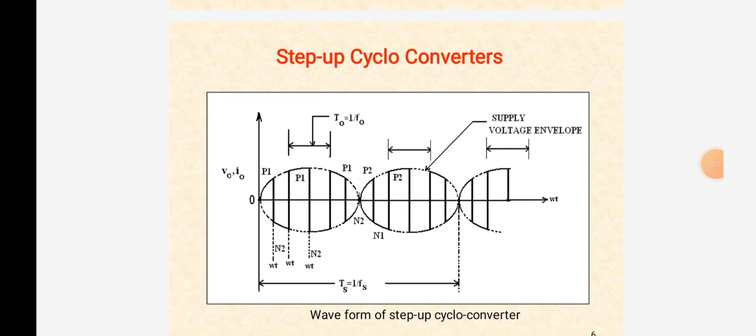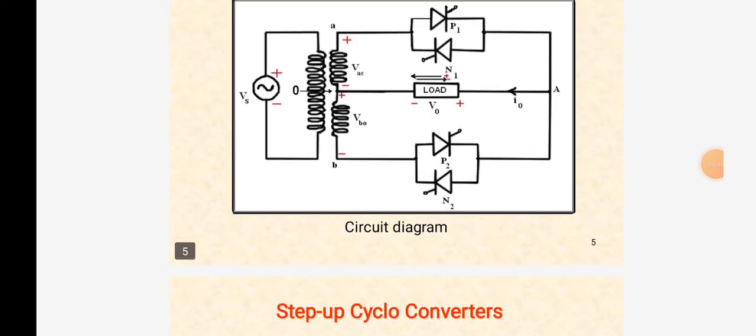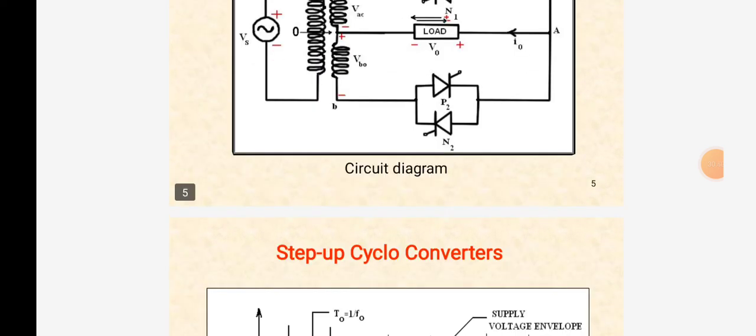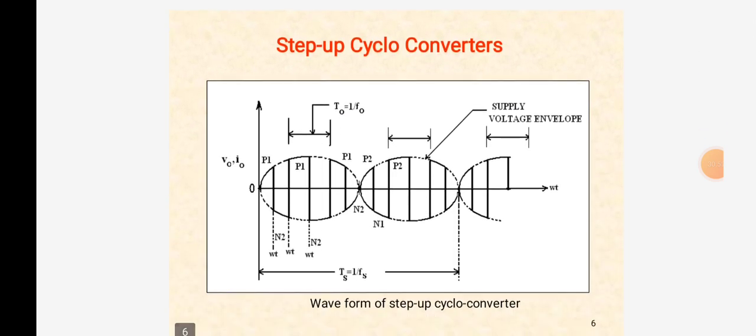After omega t equal to pi, terminal B is positive with respect to A. Both thyristors P2 and N1 are forward biased from omega t equal to pi to 2 pi.